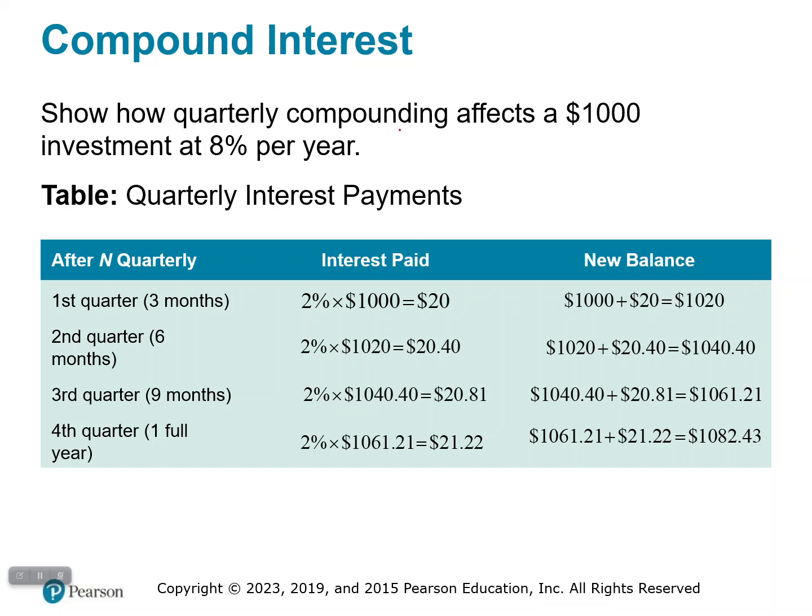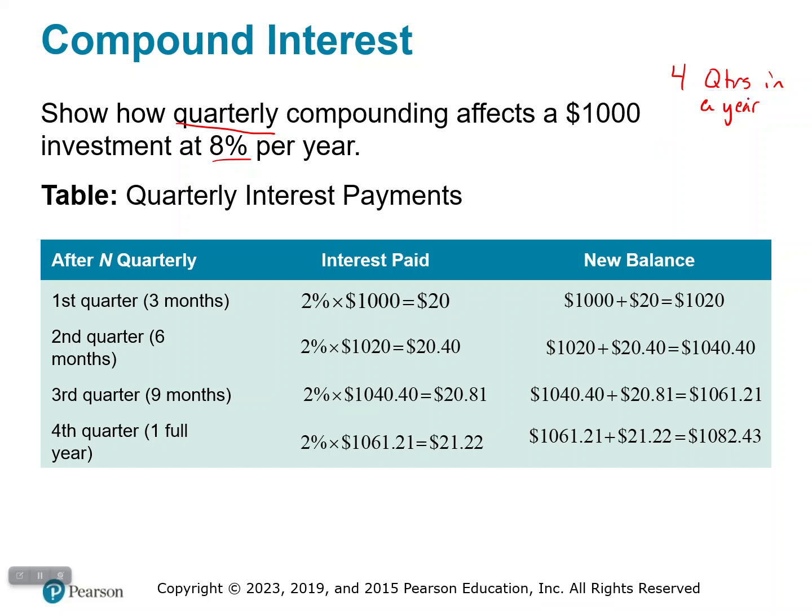How does quarterly compounding affect a $1,000 investment at 8% per year? Well, it's quarterly at 8%. There are 4 quarters in a year. There's also 4 quarters in a football game, a basketball game, and $1.